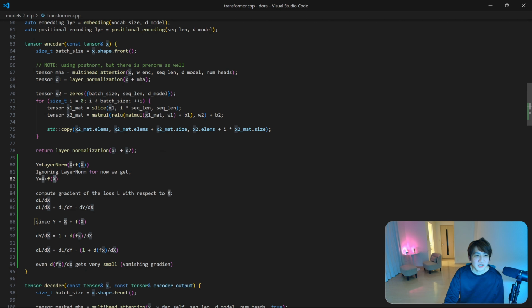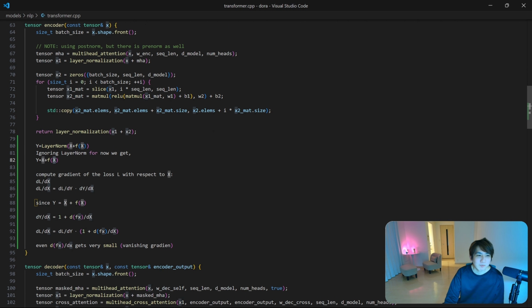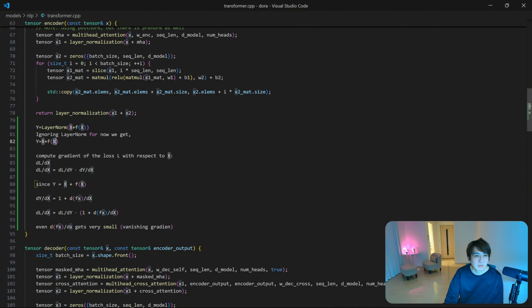And if we take out layer normalization, it would be y equals x plus f(x), and computing gradients of the loss with respect to x, it would be dL/dx, and dL/dx is dL/dy times dy/dx from the chain rule.